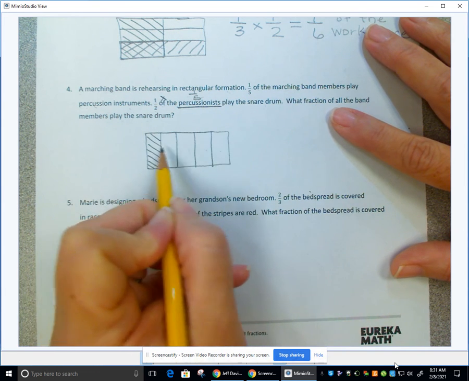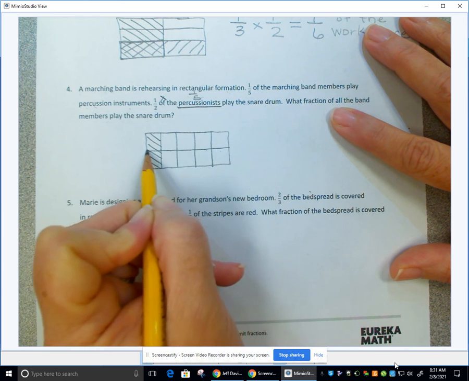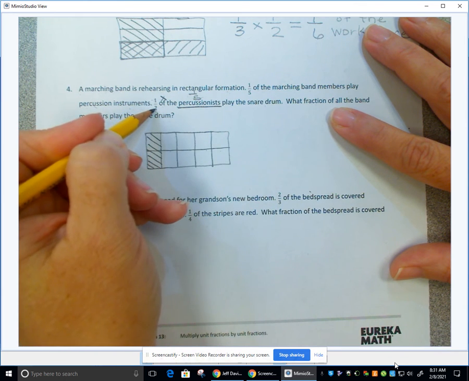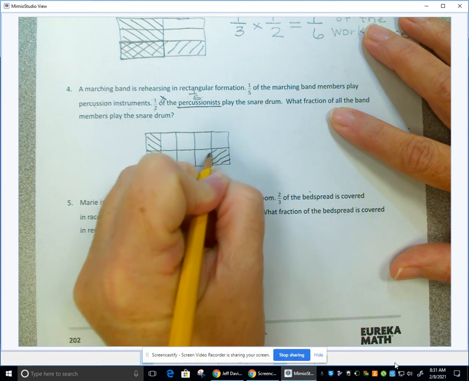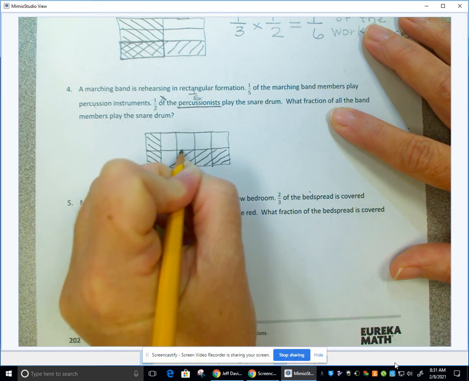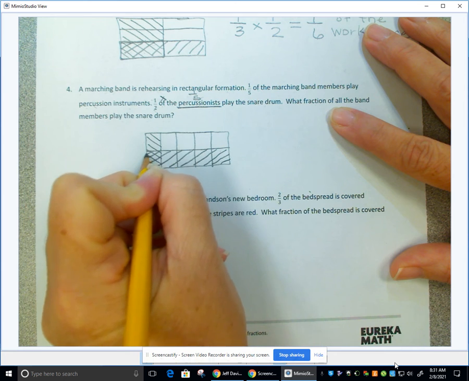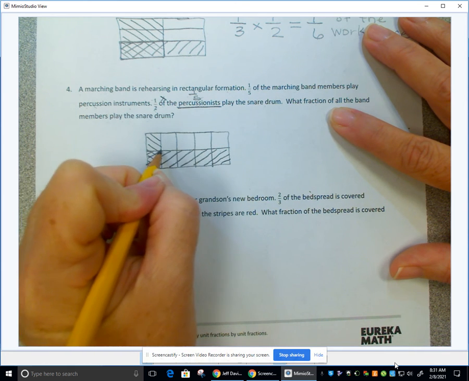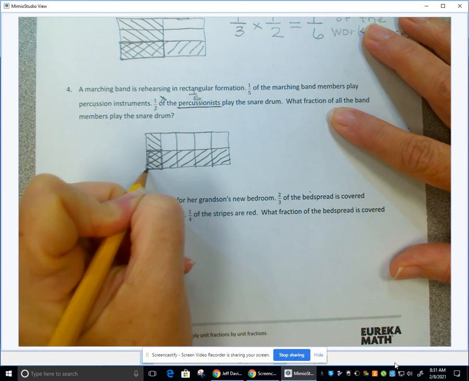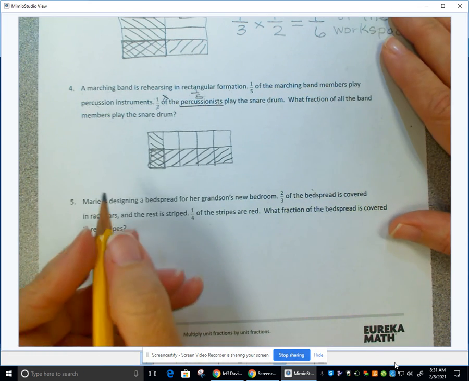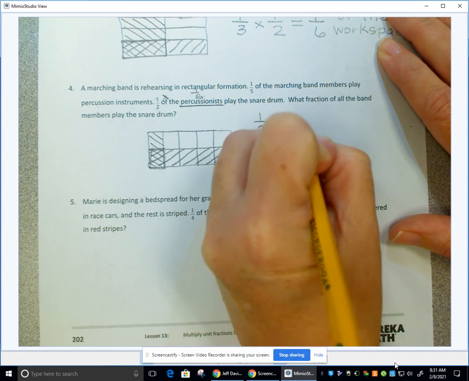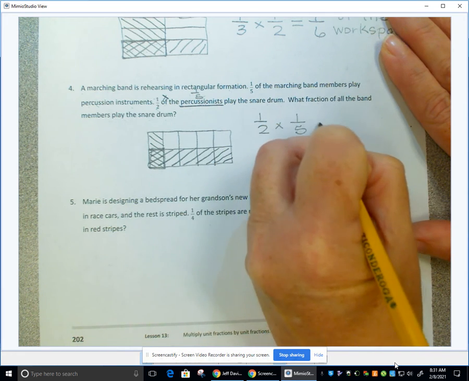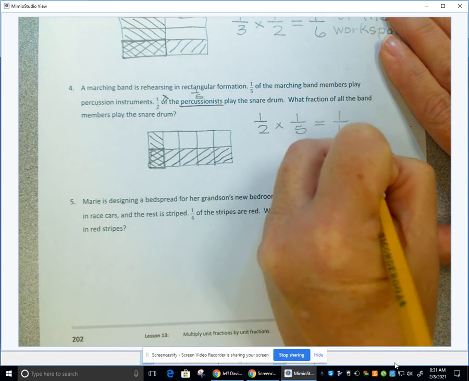So I'm going to go sideways, and I want it into 2 pieces. 1 of the 2. So now I'm going to shade one of these going this way. Now you see this one section right here got both patterns. So 1/2 times 1/5 equals 1/10.